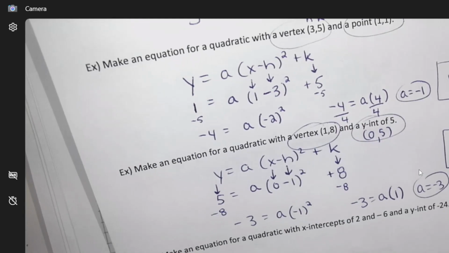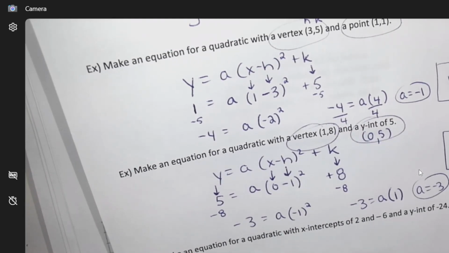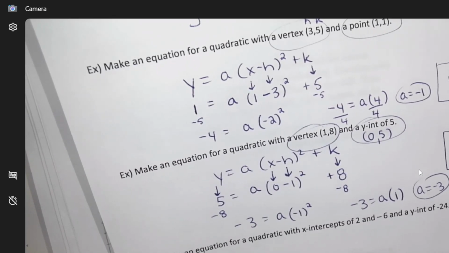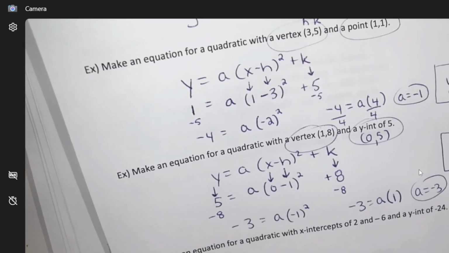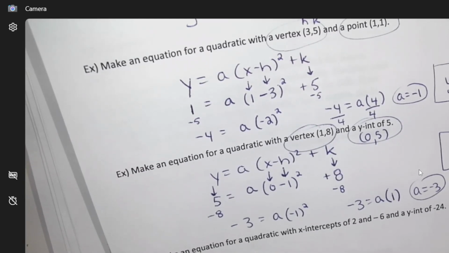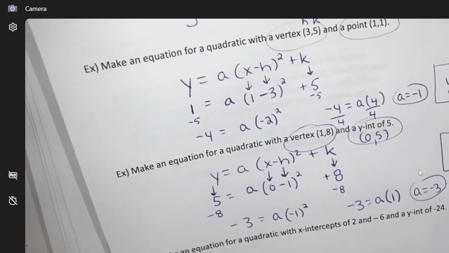Okay, so I need you to figure out what kind of function you would put into your calculator. Y equals what? So we know the multiplier A is -3. And then what kind of number are we putting in here?